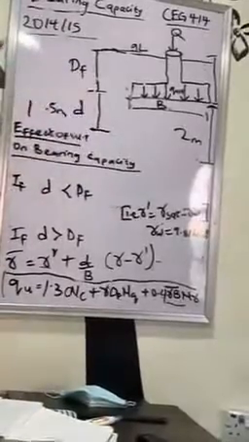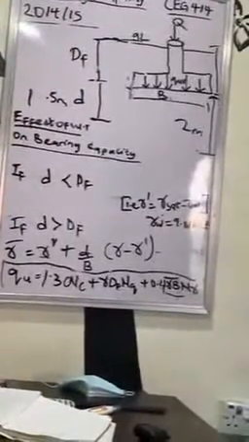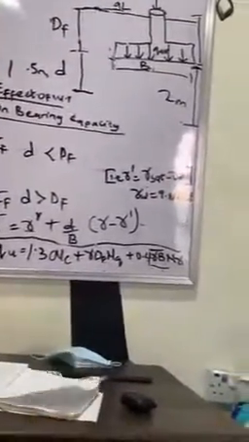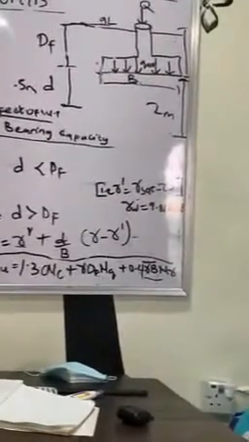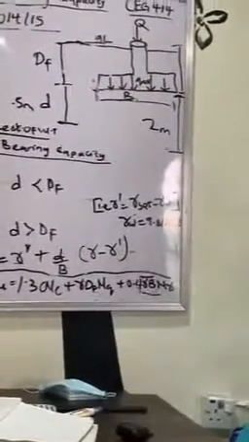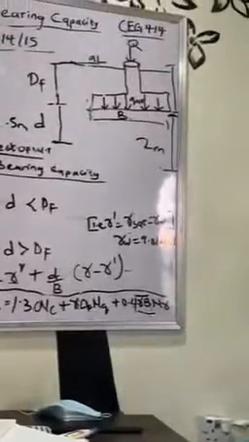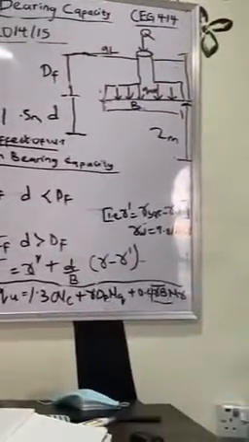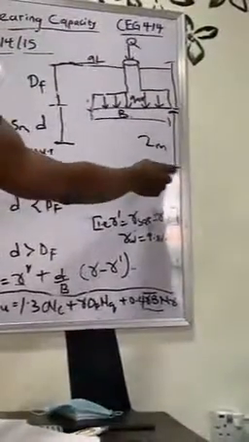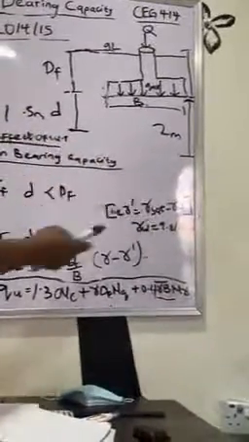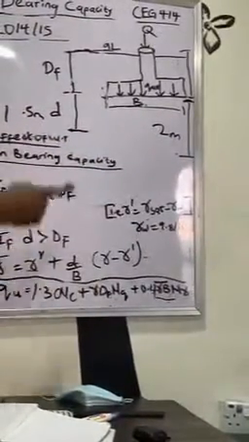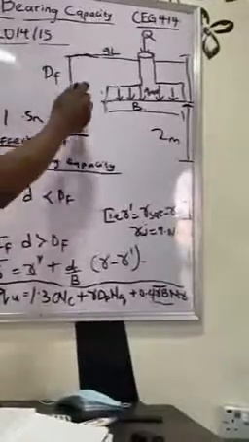If the breadth is less than the depth of the water table, our formula remains the same. Our QU does not change at all. It has no effect on gamma DF. It has no effect on gamma B.